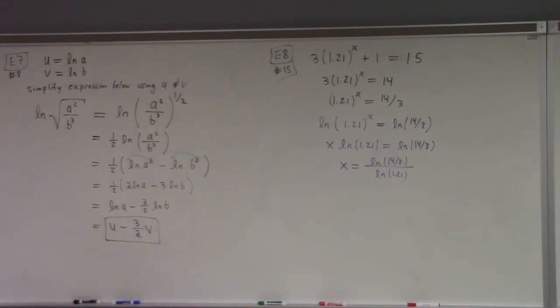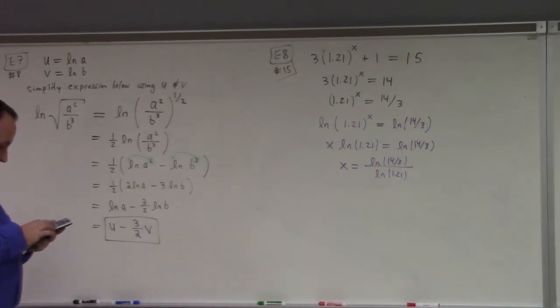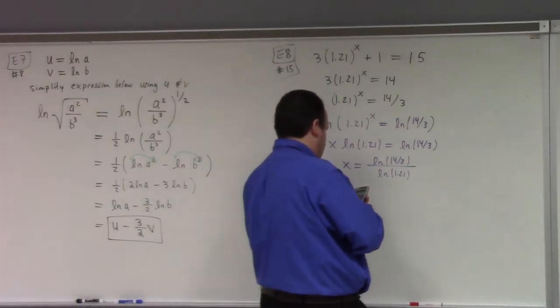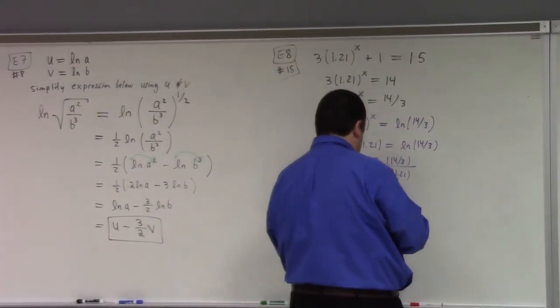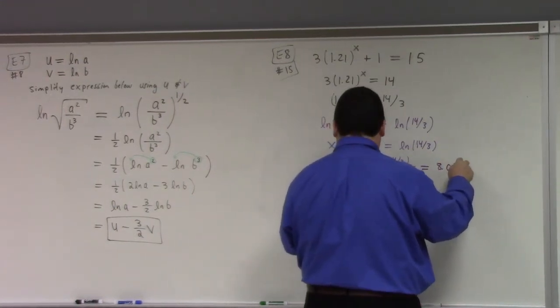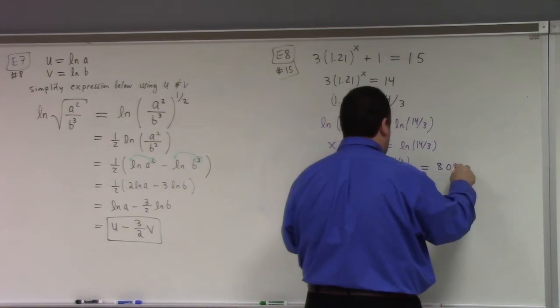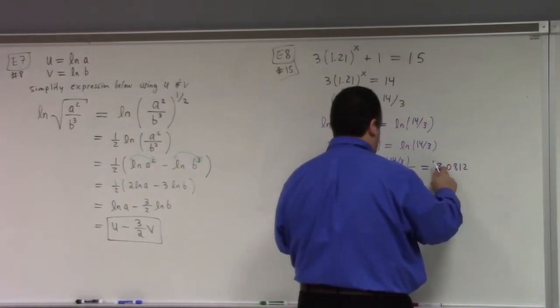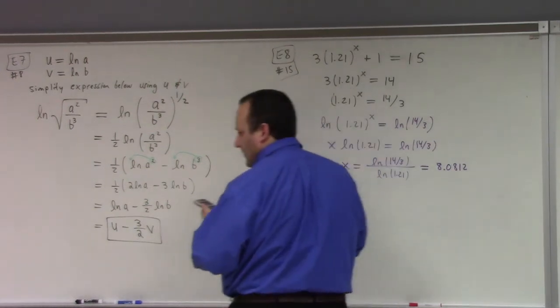Let's see here. So I get, come on, marker, 8.0812. I don't remember how many digits the problem asked for.